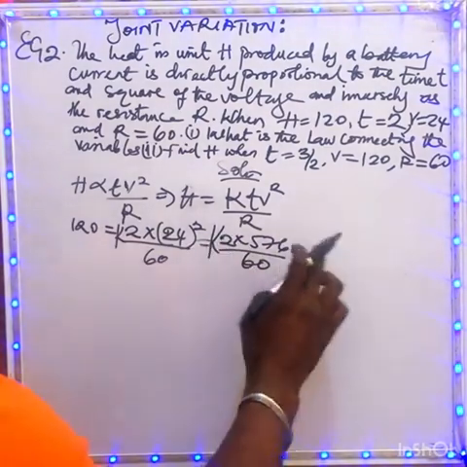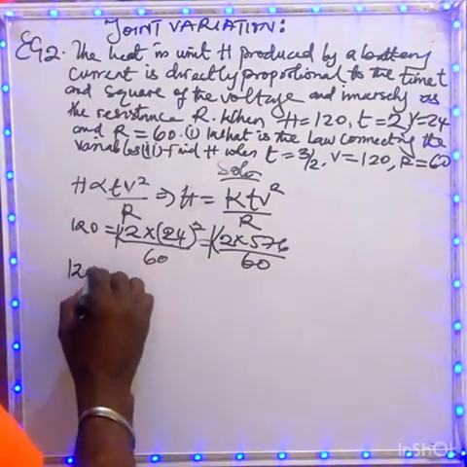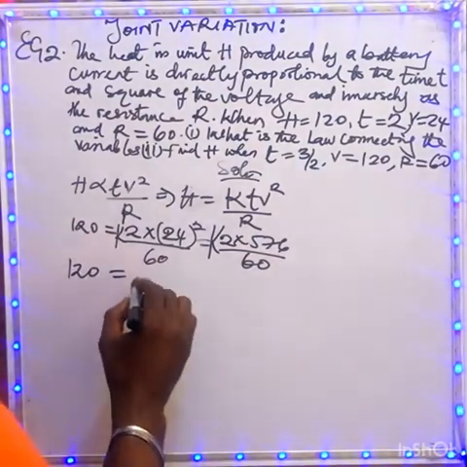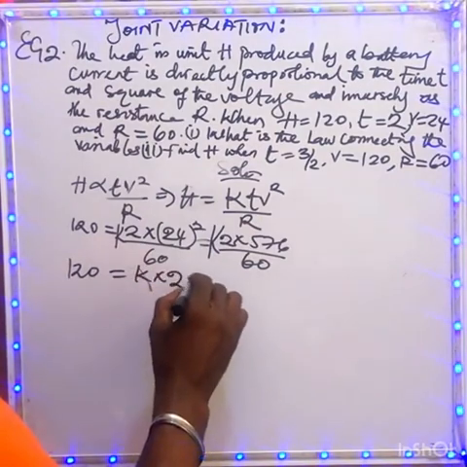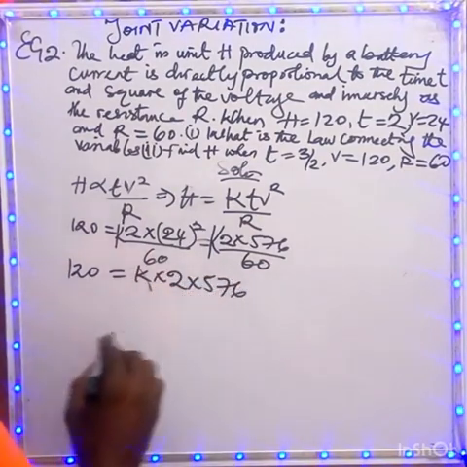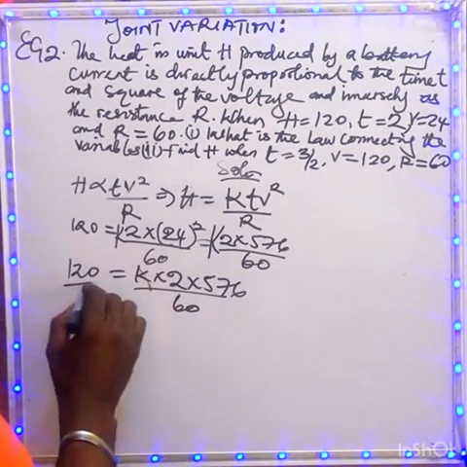So you now have that 120 is equal to K multiplied by 2 multiplied by 576 all over 60. In other words, this is over 1.